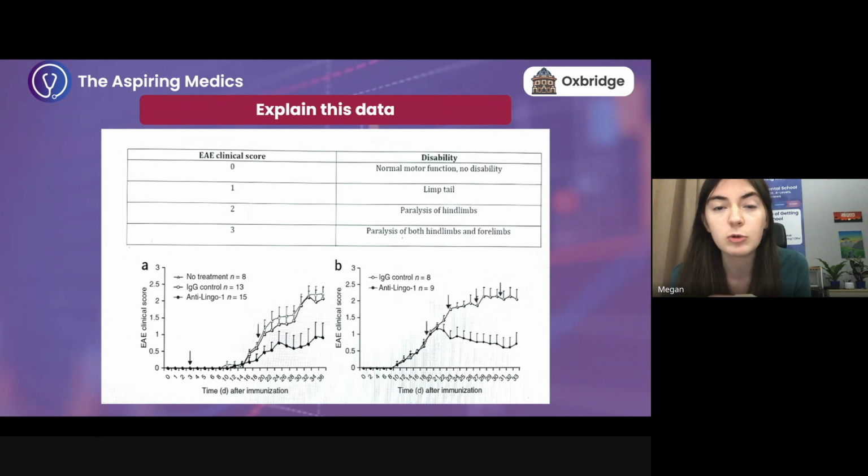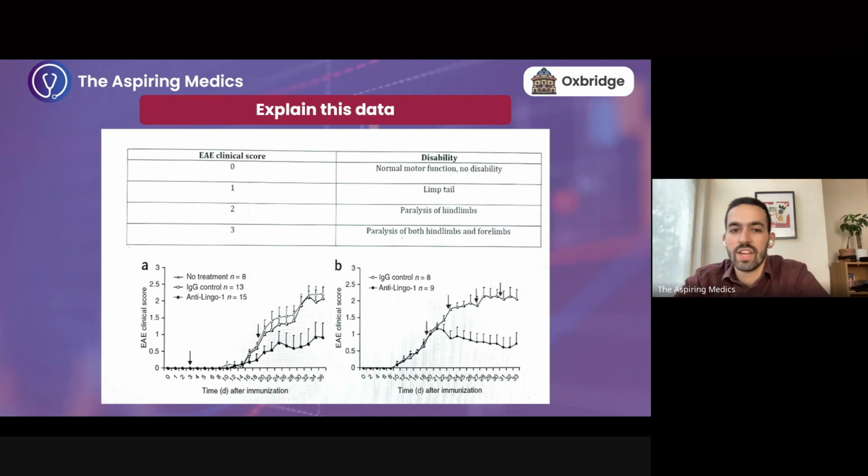So you do a comparison with EAE clinical score from the drug. So say you've got a drug to help manage the symptoms of MS. You could compare the EAE clinical score with treatment of the drug with injection. So just to pause you there, you're thinking of using the EAE clinical score for clinical trials for humans?